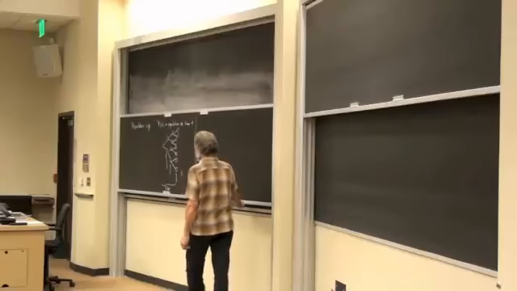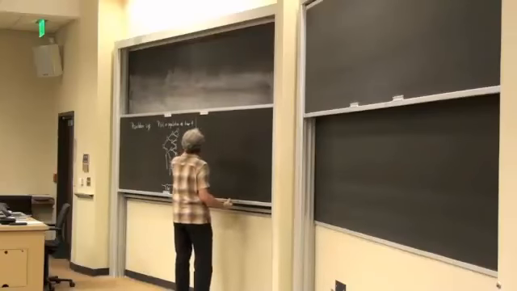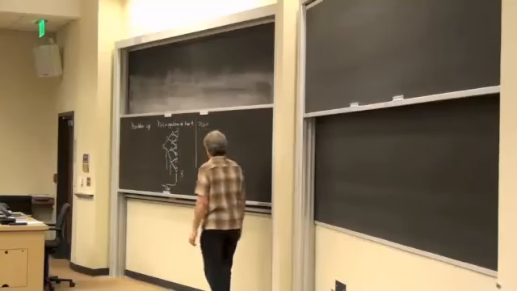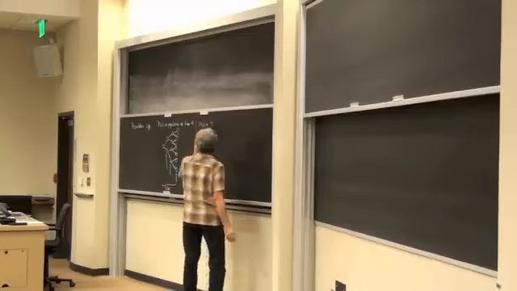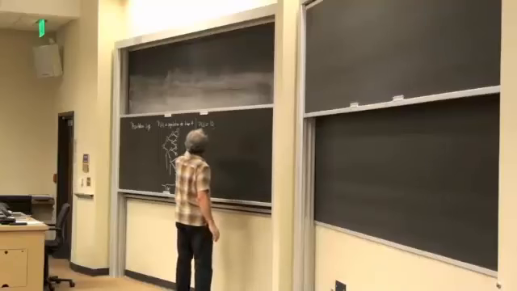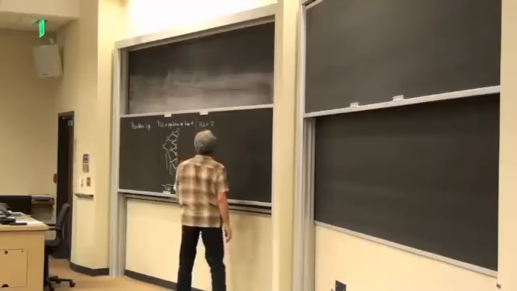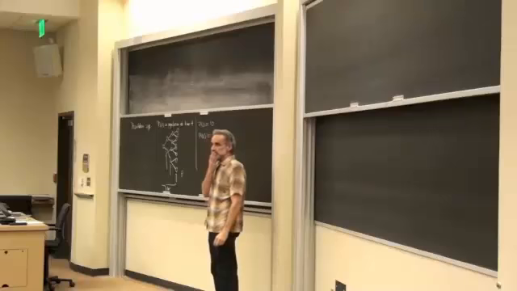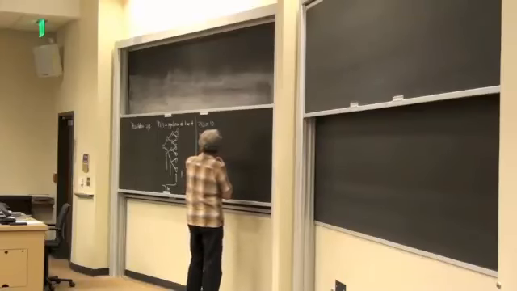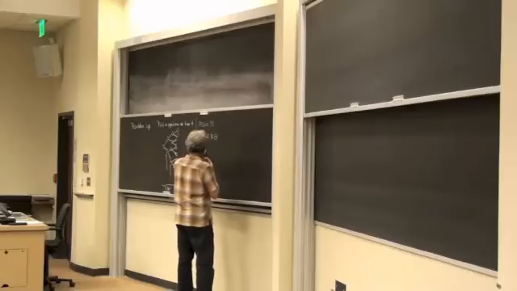Now, what this will mean is that if the population at time 0 is, maybe an easy number, 10, then the population at time 1 is going to be 10 times 8.